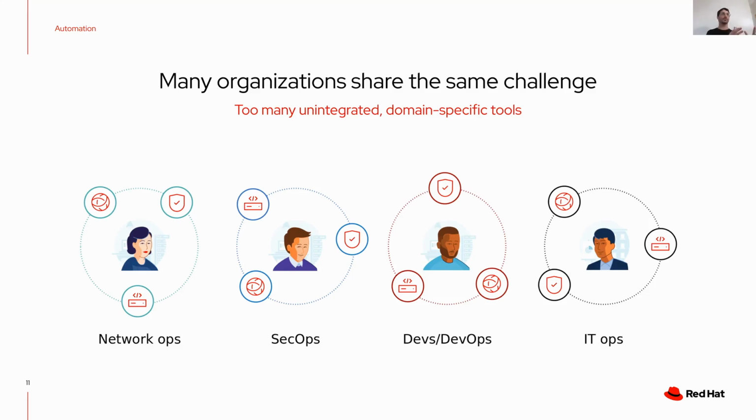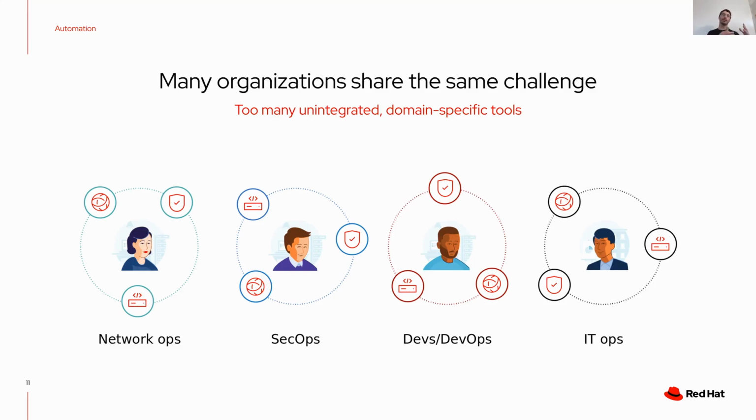So, for instance, you have network ops that are focused on network operations or deployment potentially, security operations that are focused on security, developers, DevOps, kind of things that are specialized on developing and managing applications, and then the more classic IT ops or system ops that are more focused on the operating system.